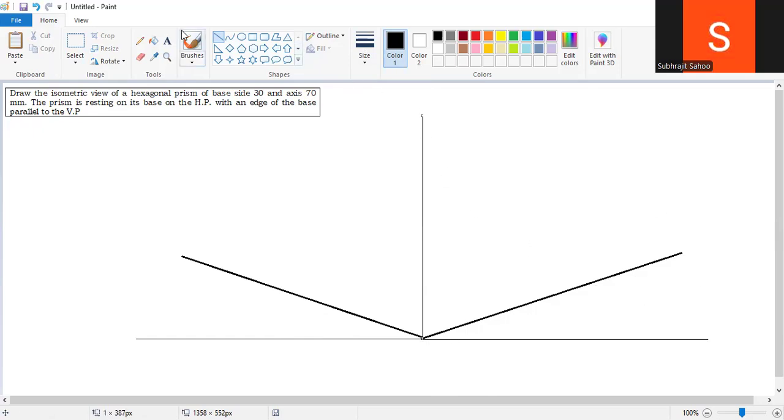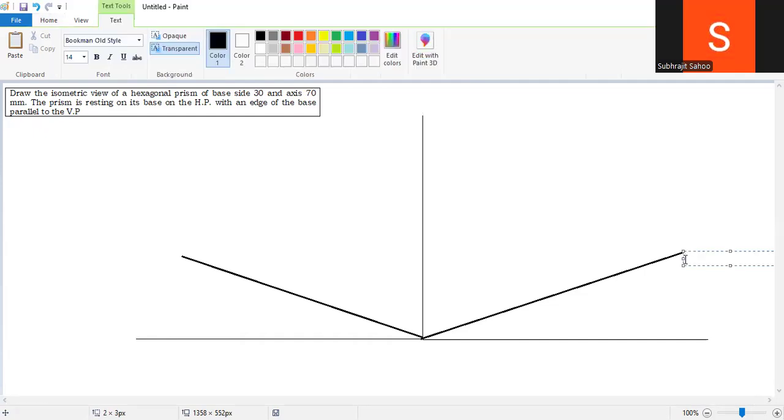Now see, sir, the same procedure I followed when I was drawing 2D to 3D. The same procedure here also for 3D to 3D: X, Y axes you will take. Z you can give this one, X this one, no problem at all.